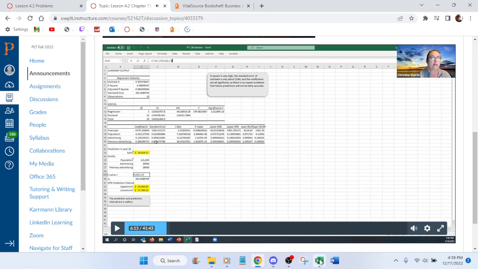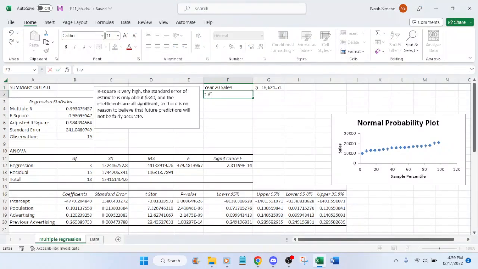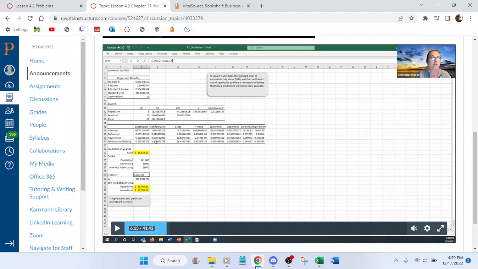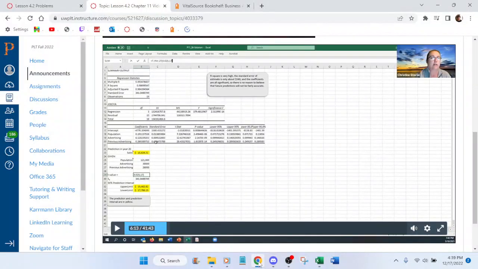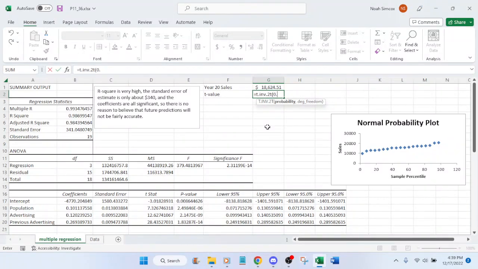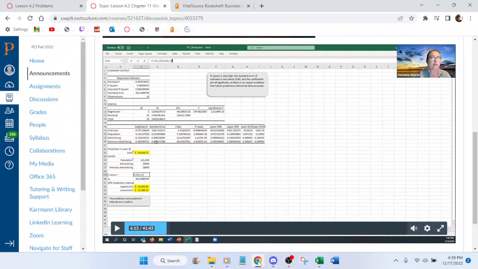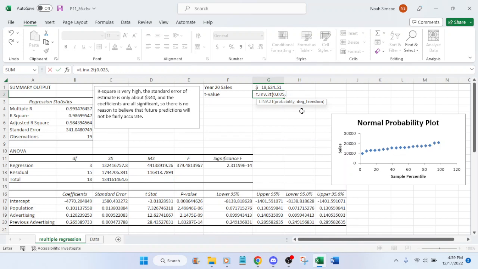So my t-value is, T.INV.2T, open parenthesis, 0.025, comma, 17, because it's n minus 2.